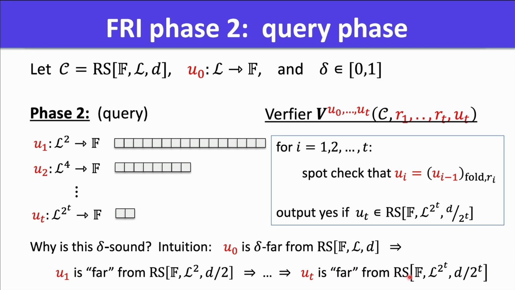I put this in quotes because they're not exactly delta far, but because distances are more or less preserved, the final code word will in fact be far from the super compressed code, and then the verifier will reject. So really the only opportunity to cheat is by trying to mess with these spot checks. Basically, the prover wants UI to not be the folding of UI minus 1, and nevertheless, it wants these spot checks to all succeed. That's what a malicious prover is trying to do, and we'll see why spot checking prevents that in just a minute.